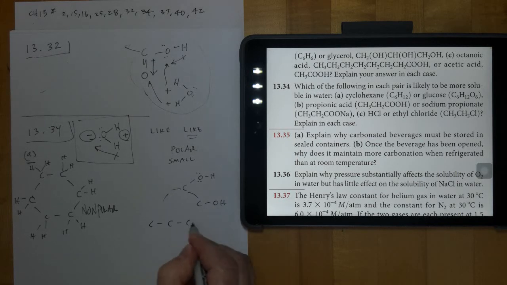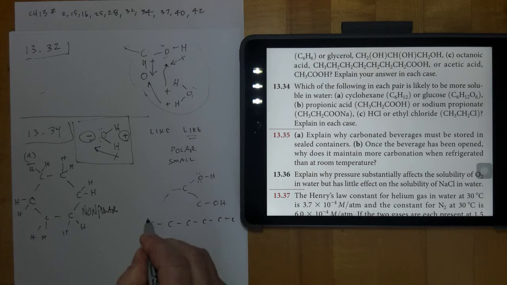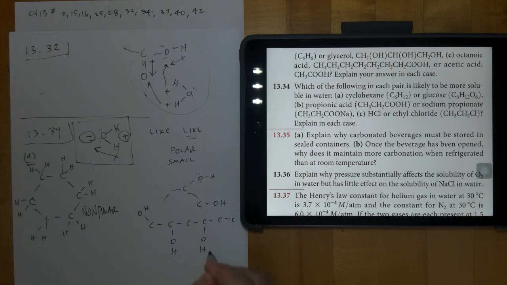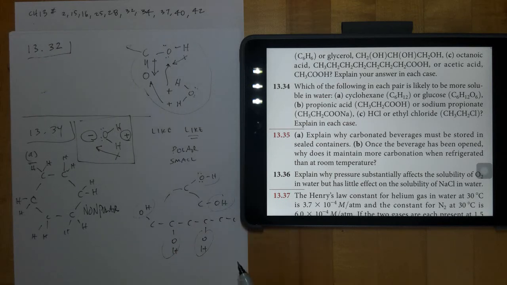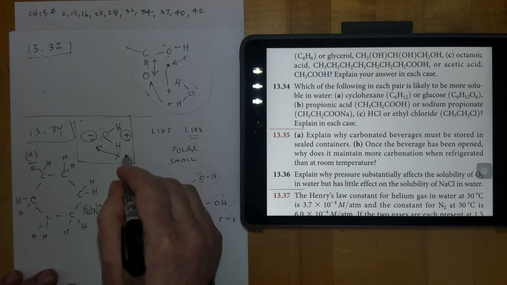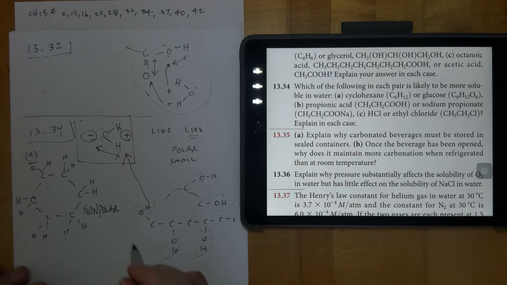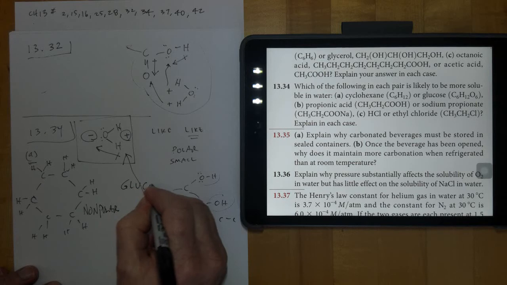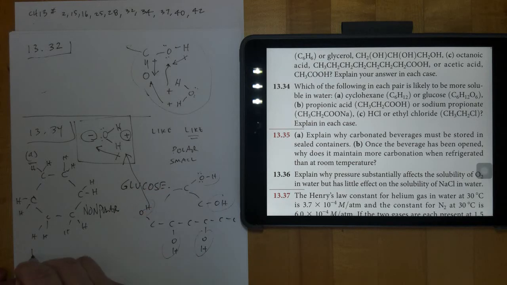Another form is 6 carbons in a row, and it has OHs coming off of it in multiple places. And since it's going to have these OHs coming off of it, it is going to have hydrogen bonding capabilities. And even though it's a little larger molecule, it has a lot of these OHs available, and therefore it can dissolve in water lots better. So we would choose glucose for letter A.